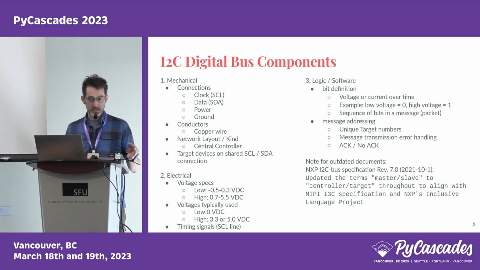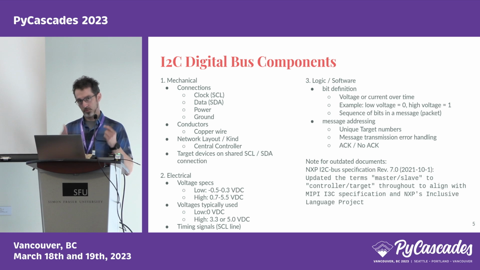Logically, NXP does have a specification for how individual bits are transmitted and what they mean. It's a serialized data protocol, so it is voltage over time representing individual bits. That's what the clock is doing, it's helping align when your bits are being interpreted.